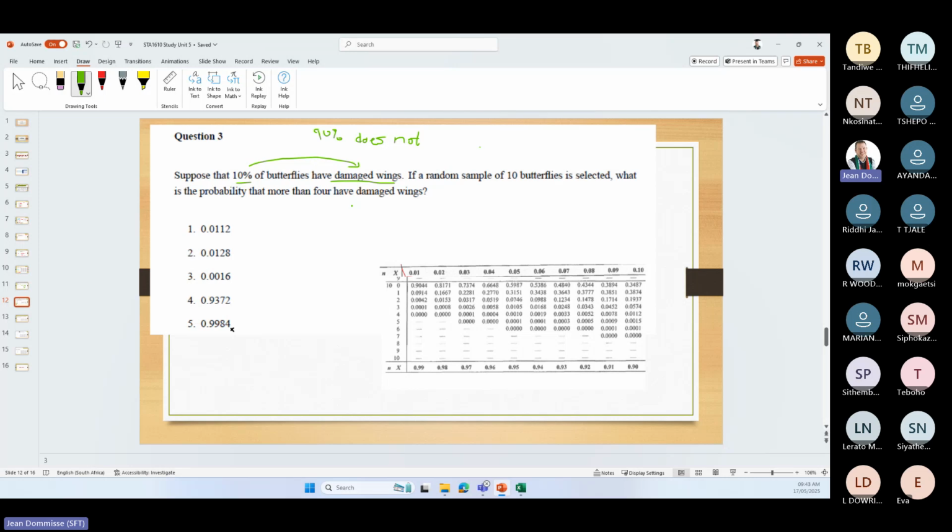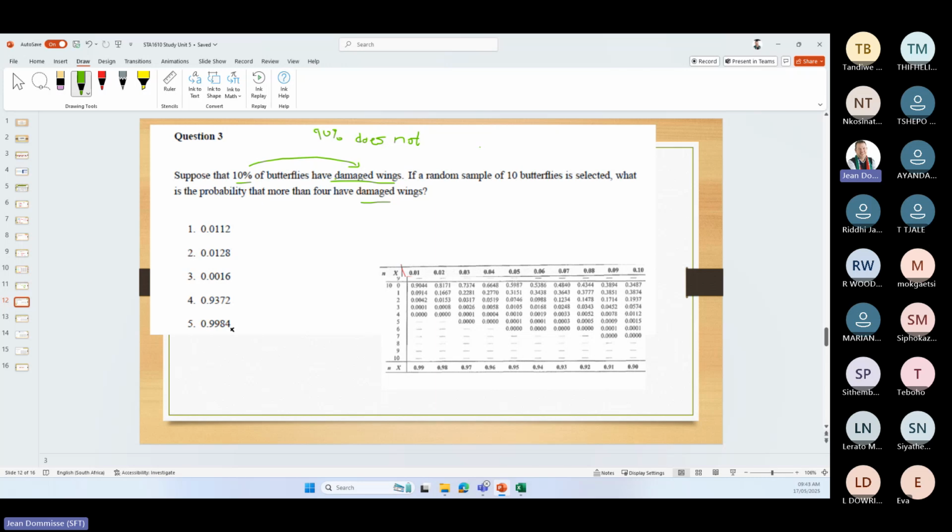Also just be on the lookout in questions where they ask you, but now said to you, we're looking at damaged wings. Sometimes they might ask you the ones that do not have damaged wings, so that you also again know 10%. If 10% is damaged, what's the rest? The rest is 90%.